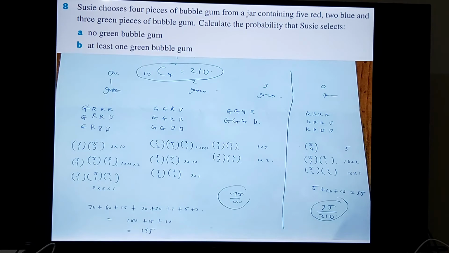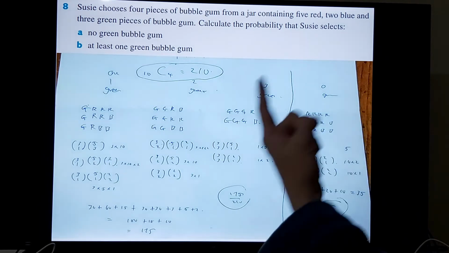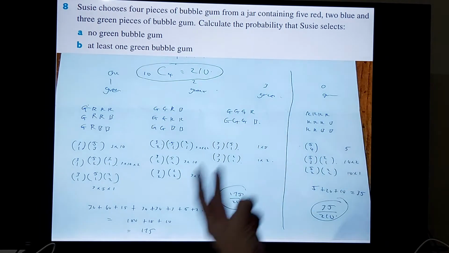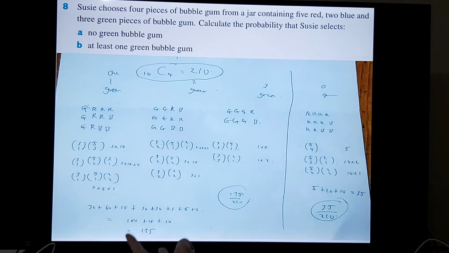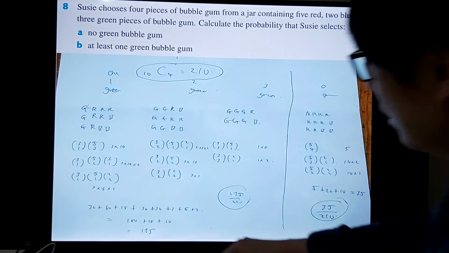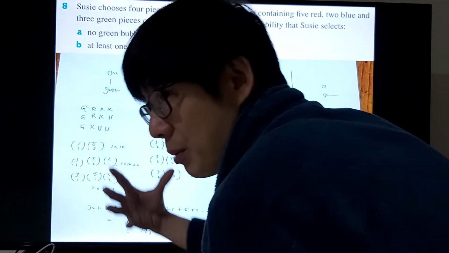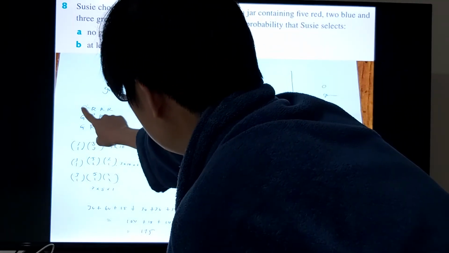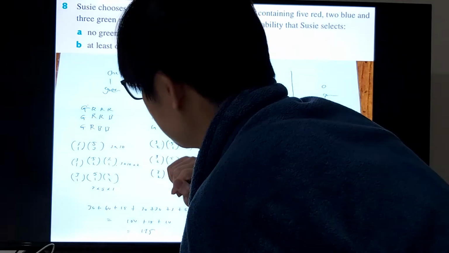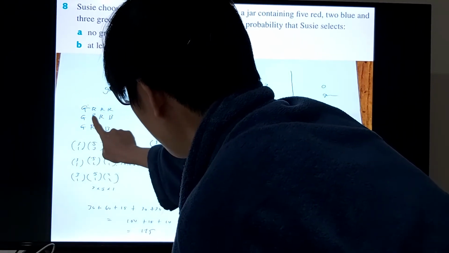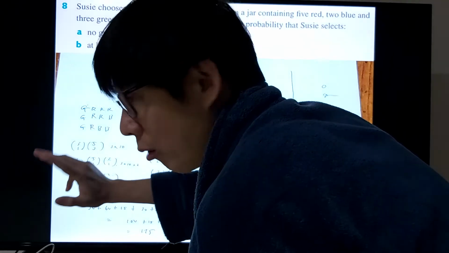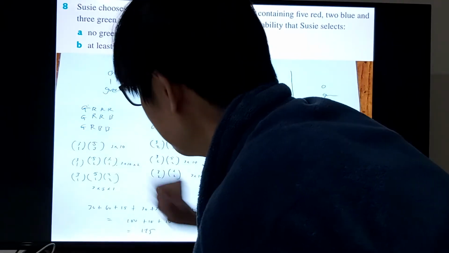And then for B, at least 1 green. What is the meaning of at least 1 green? At least 1 green means 1 green, or 2 green, or 3 green. So let's look at 1 green. If let's say there's only 1 green, the possible combinations will be GRRR, or GRRB, or GRBB.